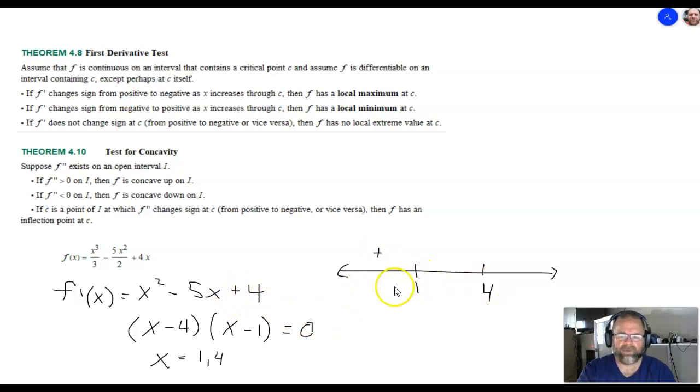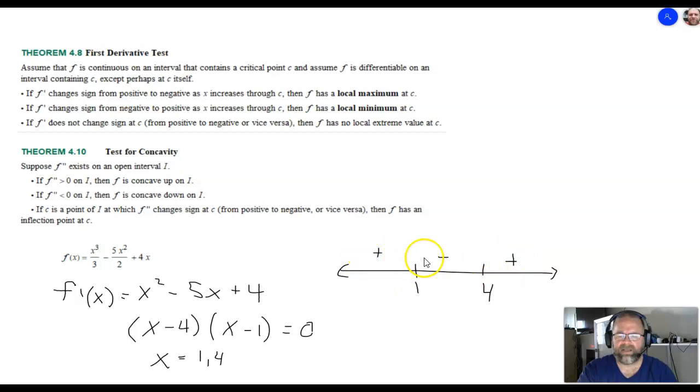Now if I take a value between 1 and 4, let's take 2, plug a 2 in the derivative function here. I'm going to have 4 minus 10, which is negative 6, plus 4 is negative 2, so that's negative there. And then if I take a value greater than 4, so let's say 5, I'm going to get 25 minus 25, which is 0, plus 4 is positive.